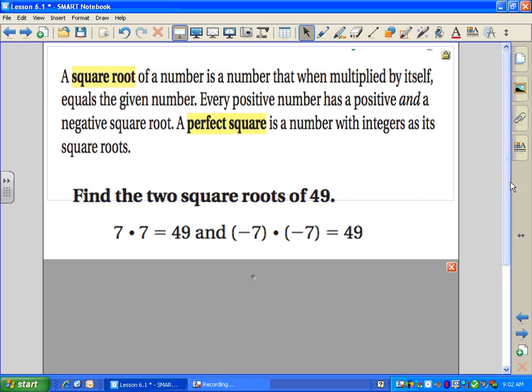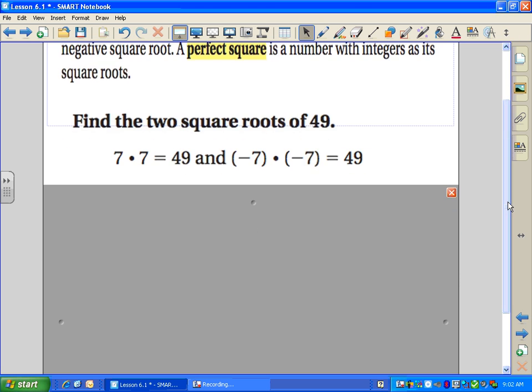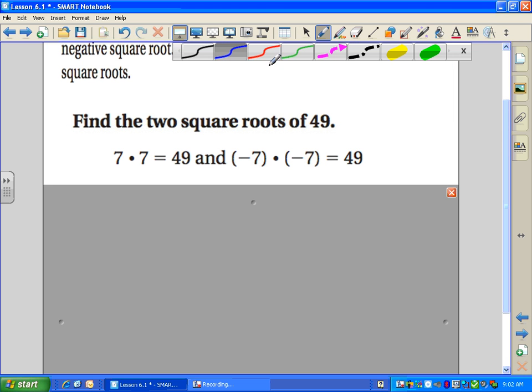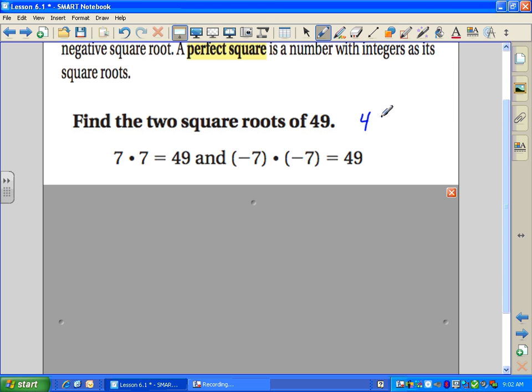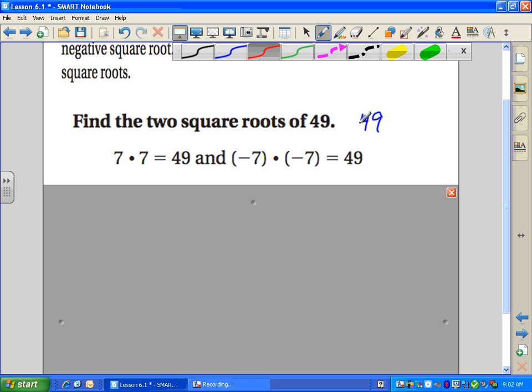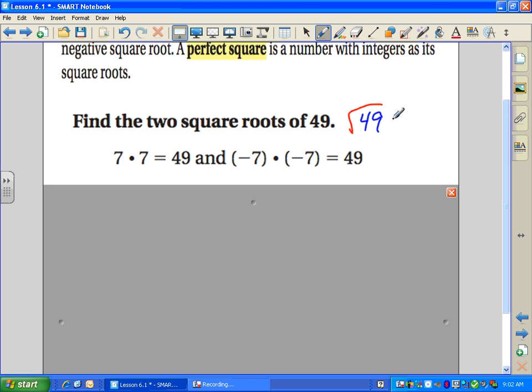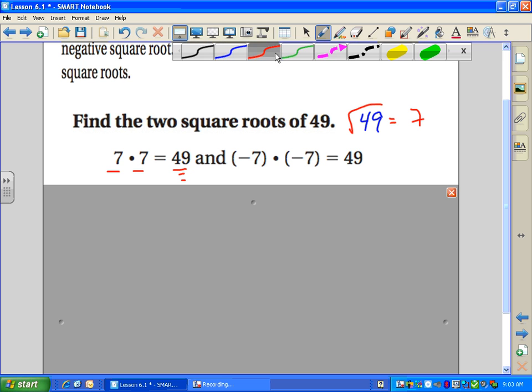All right. If you're asked to find the 2 square roots of 49, you would take your calculator and you would say 49 square root. When you do that, you will get 7. What you need to remember is positive 7 times positive 7 equals 49.